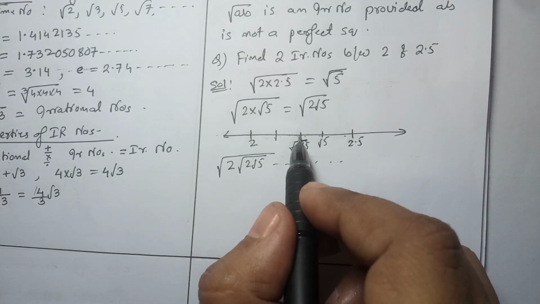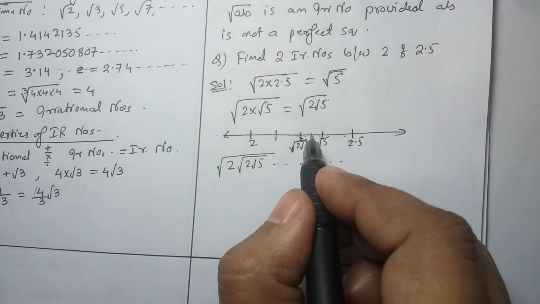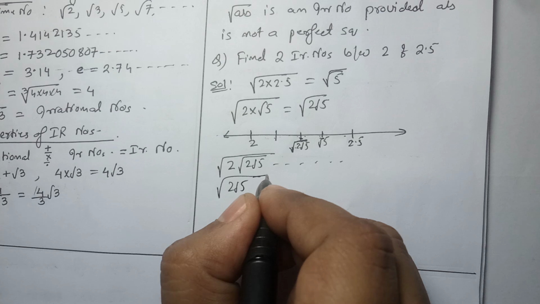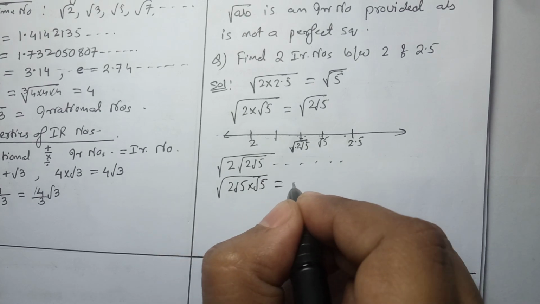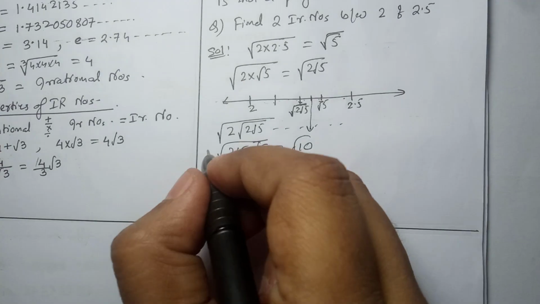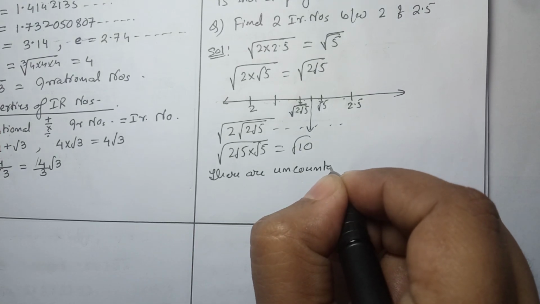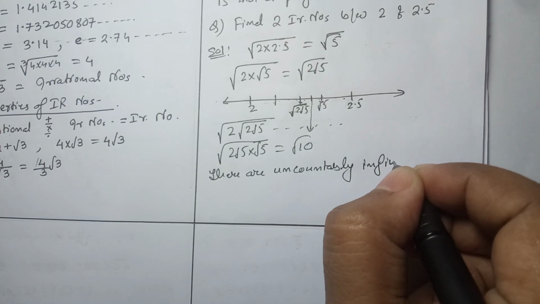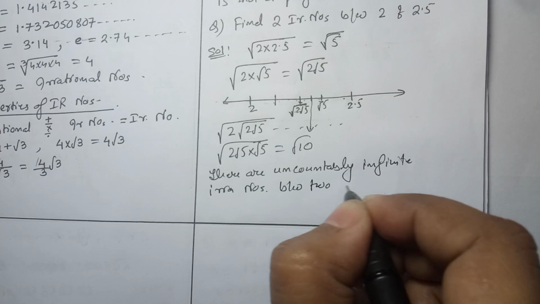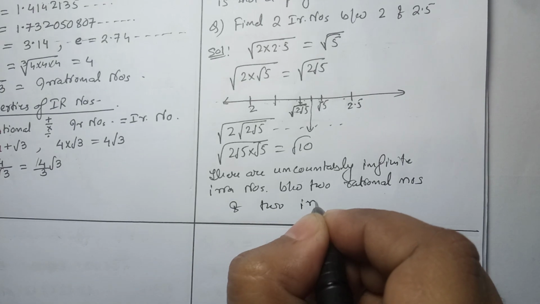At the same time, there are uncountably infinite irrational numbers between two irrational numbers.